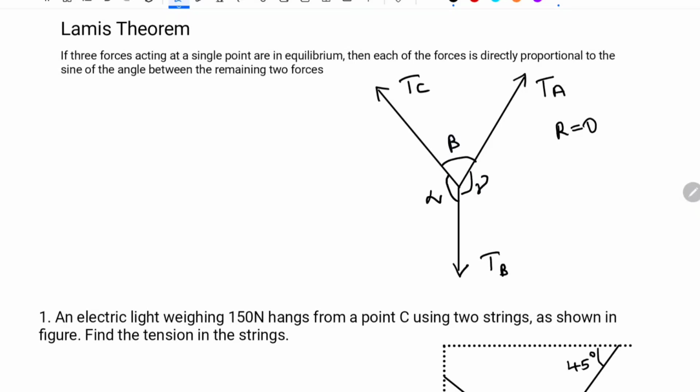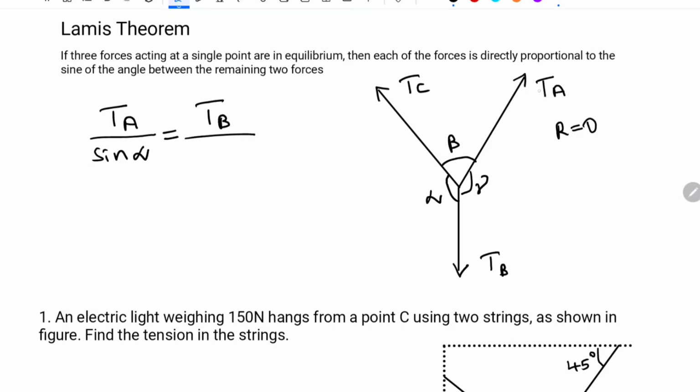If this system is under equilibrium condition and has only three forces, then as per Lami's theorem, TA divided by the sine of the angle between the other two forces. So TA divided by sine alpha, the inclination between TB and TC, is equal to TB divided by the sine of the angle between the other two forces, TC and TA.